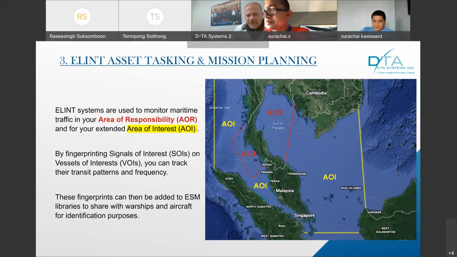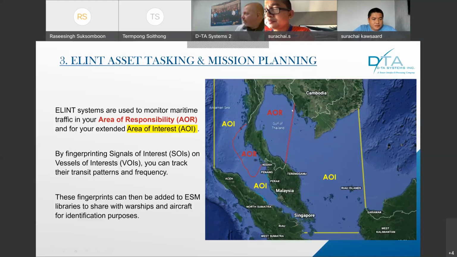These fingerprints can then be added to your ESM libraries to share with warships and aircraft for identification purposes. So again, not 100% sure what your actual AOR or AOI would look like, but this is just a rough sample based on my time at the MARPAC HQ and the Joint Operational Center there.